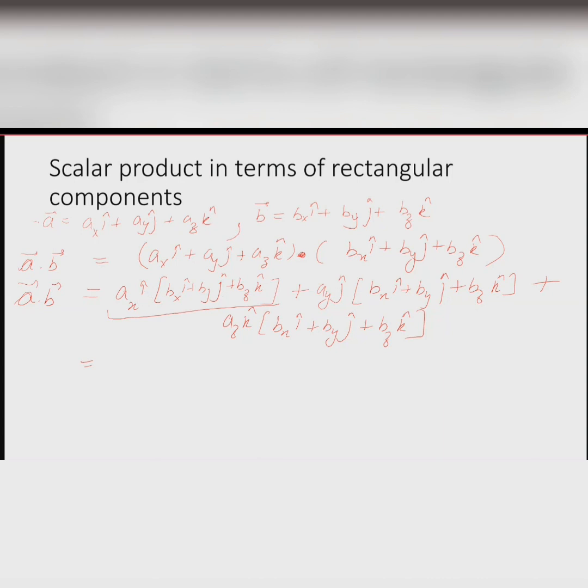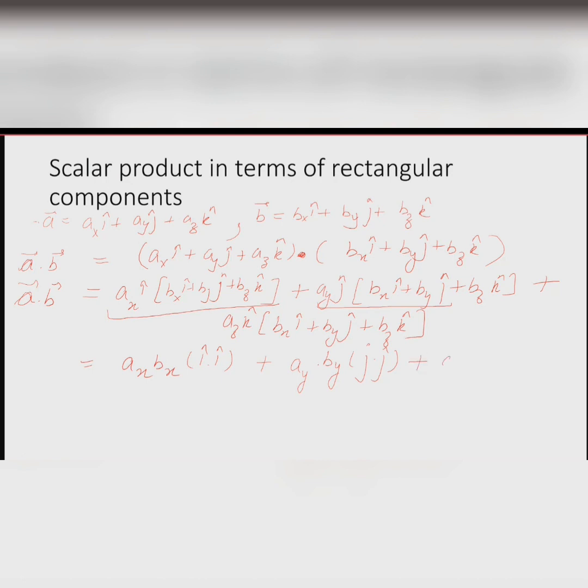i dot j hat becomes 0, i dot k hat becomes 0, but i dot i becomes 1. So I will be left with ax bx, right? Yes, because this is i hat dot i hat, so that term will survive. Similarly, in the second expression, ay into by will survive, which is the j hat dot j hat component.